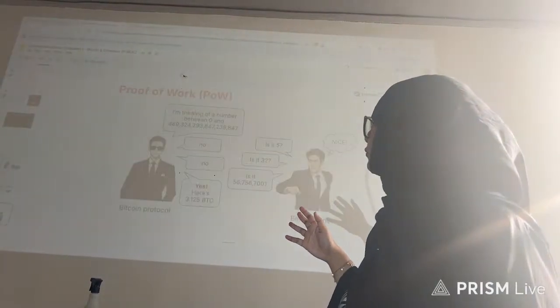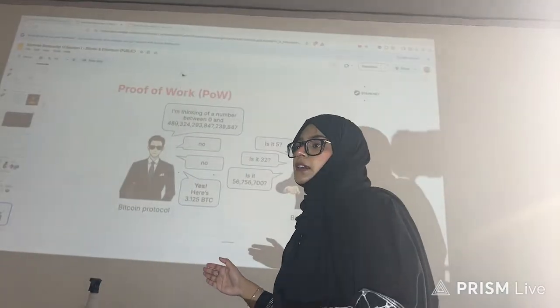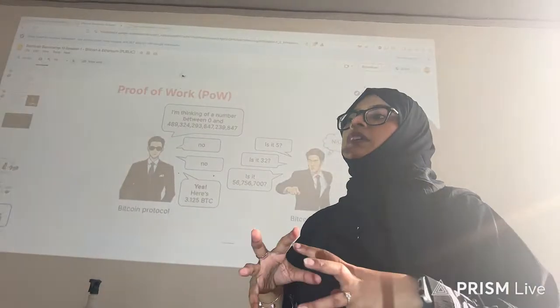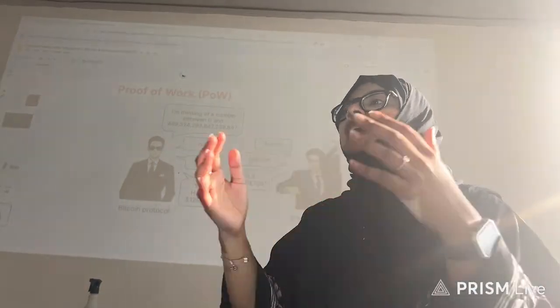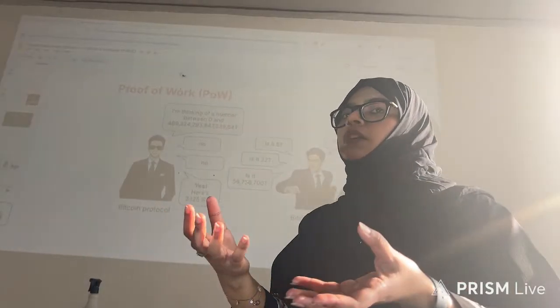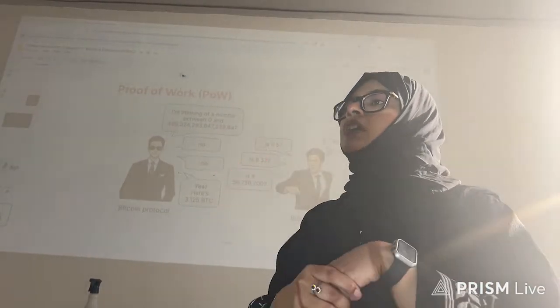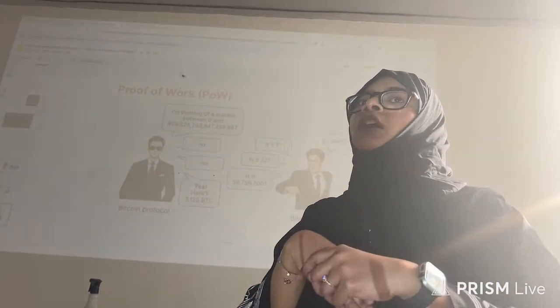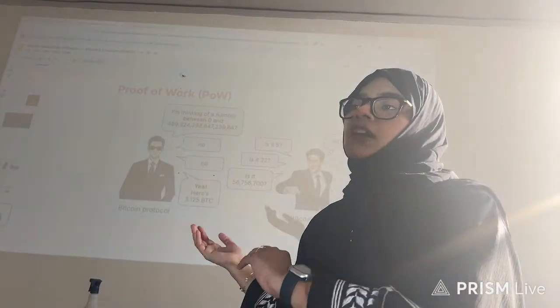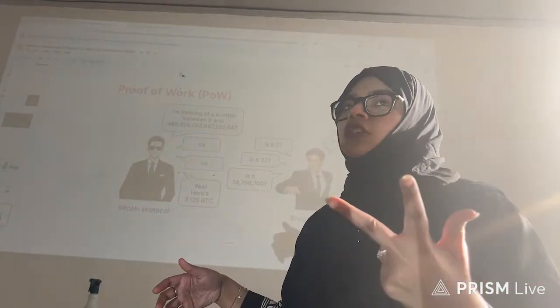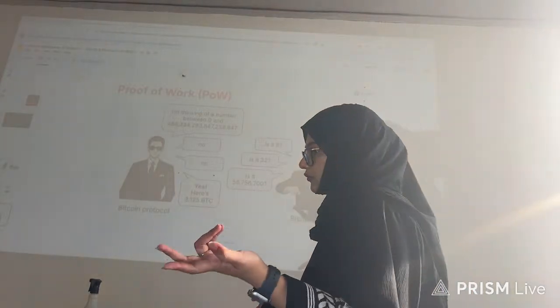Now, we're going to talk about the proof of work consensus mechanism. What do you mean by consensus? Consensus means coming to a conclusion, everybody deciding and agreeing on one thing. There are many types of consensus mechanisms, and we talked about two of them yesterday, proof of work and proof of stake.